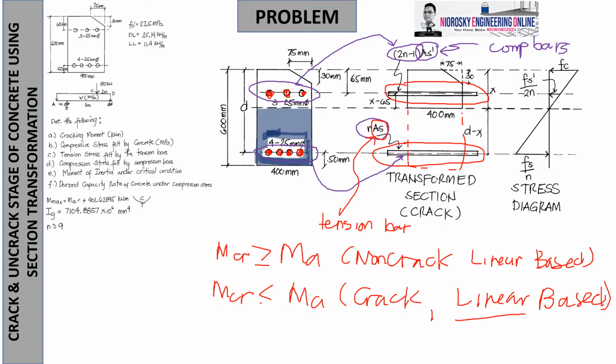The reason it is N times AS is that we enlarge the weak material, making the strong one weaker. Why 2N minus 1? Because you still have concrete here that acts, so we reduce the area of the same steel bar.